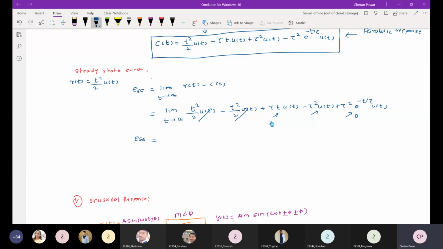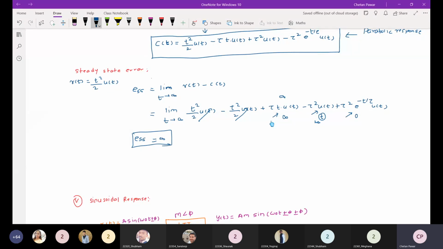Anyone can reply. What will be the steady state error? Tau minus tau square? No. When we put t equal to infinity, here t is there, so this term will become infinity. Here no t term is there, and this will be 0. So steady state error will be infinity.